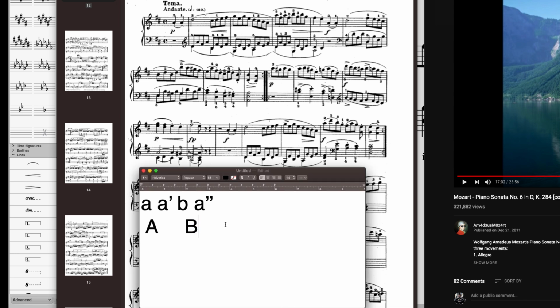So is this still binary form? Because binary form means AABB. No, this is not binary form. This is something a little different called rounded binary, okay? And we should point out that we haven't taken into account our repeats yet, but we will in just a second. In fact, let's do that now.